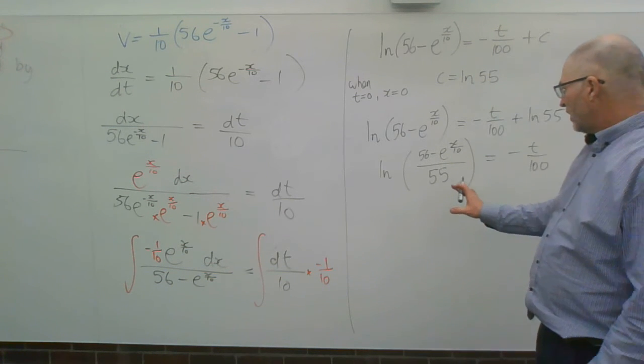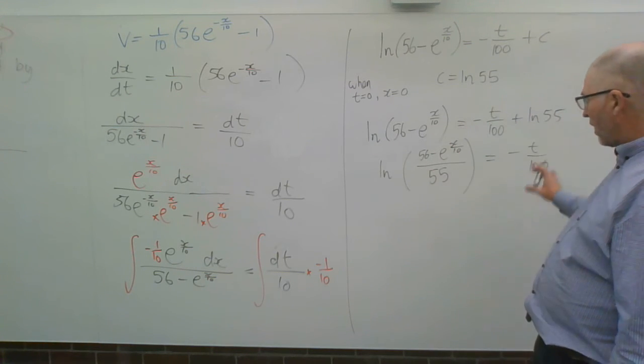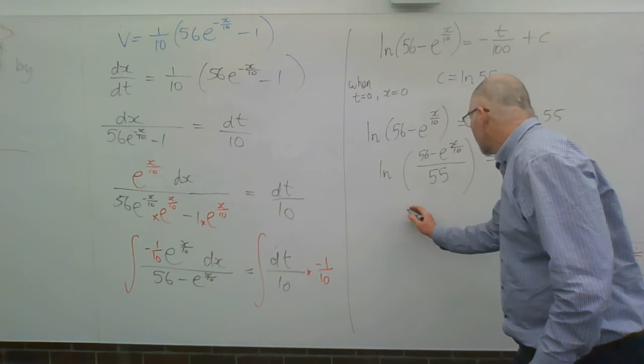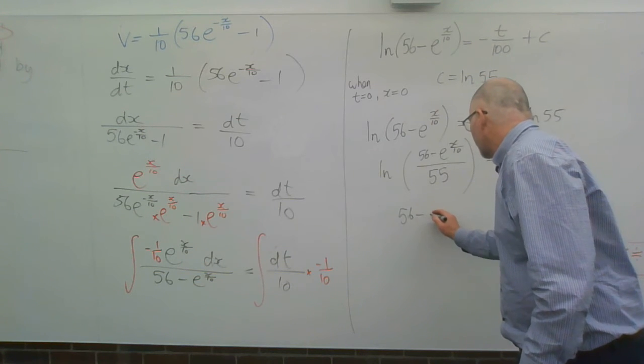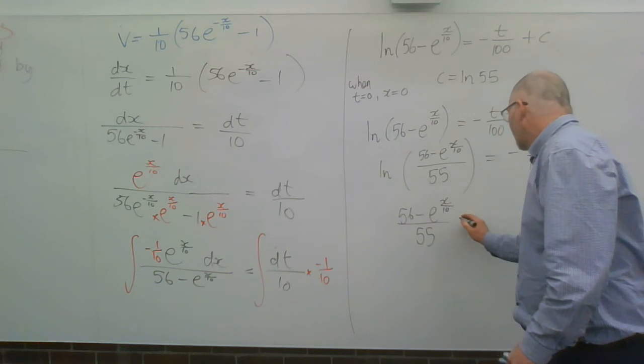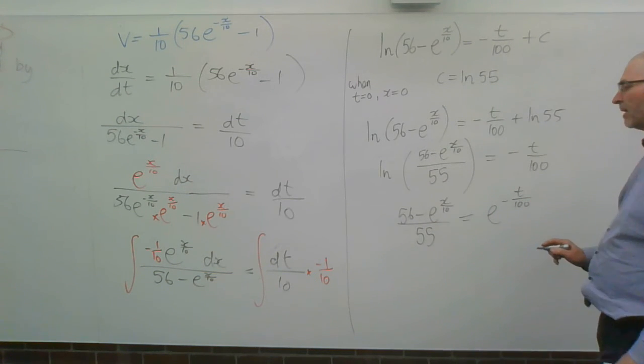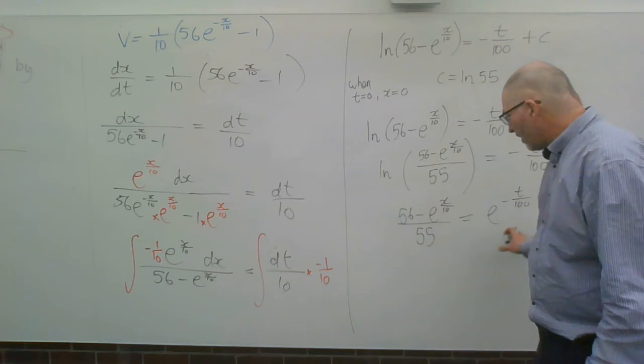And now we will go take e to the both sides. So this will be 56 minus e to the x on 10 on 55 equals e to the minus t on 100.